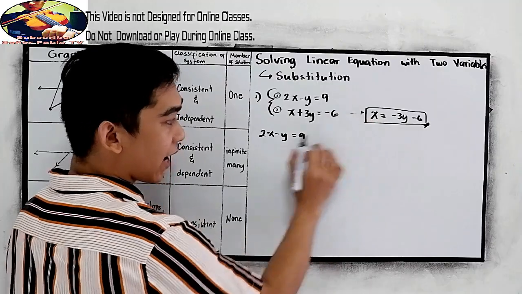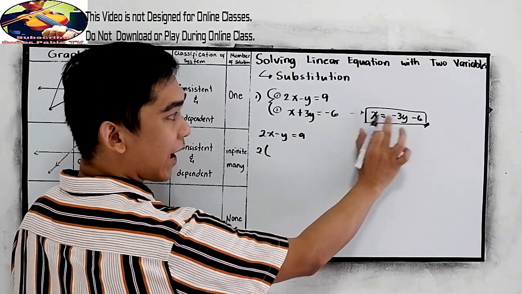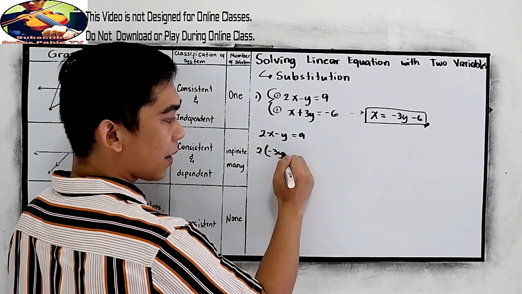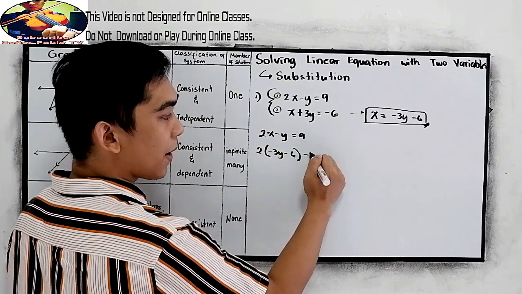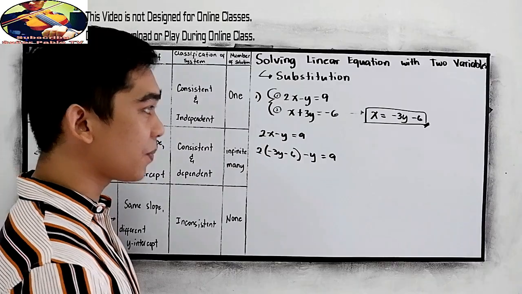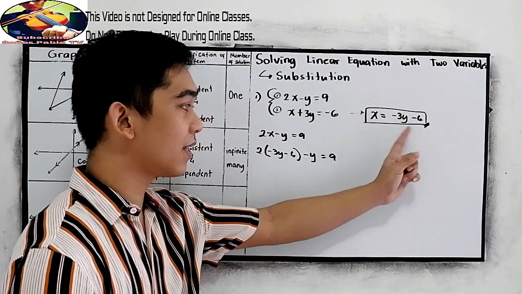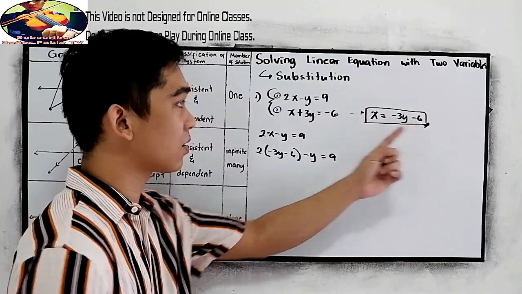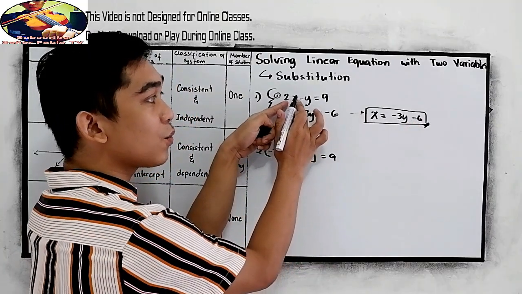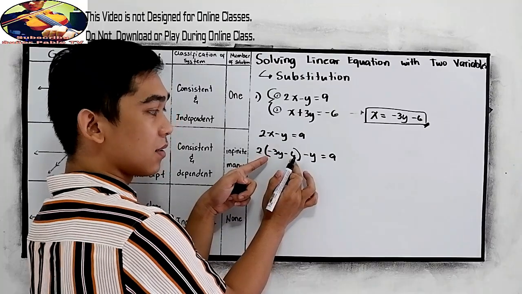So 2 times our x, which is negative 3y minus 6, minus y is equal to 9. Again, let us repeat. The value of x is negative 3y minus 6. So the x in our equation 1 just changes into negative 3y minus 6.